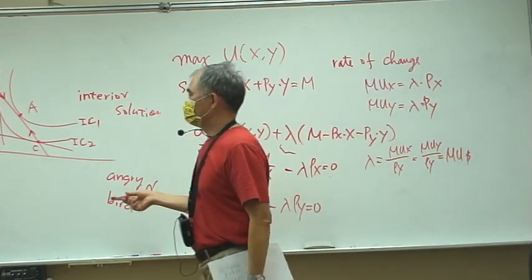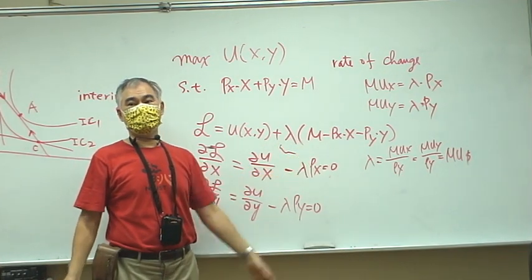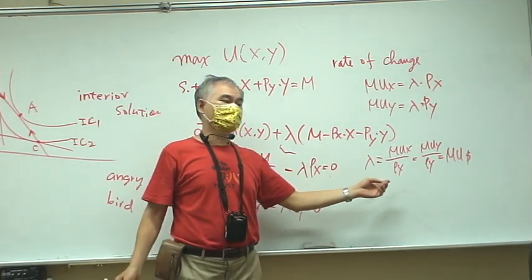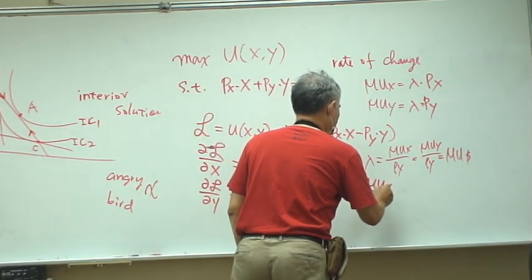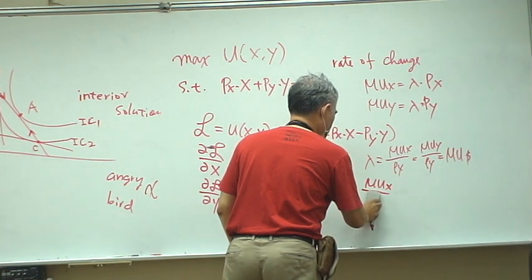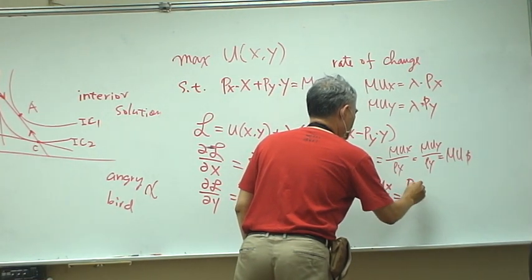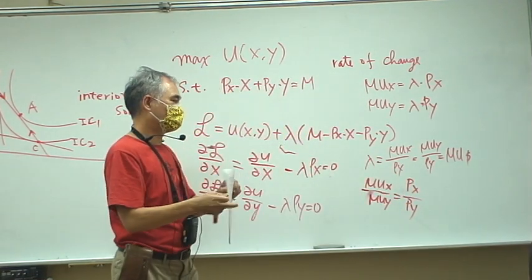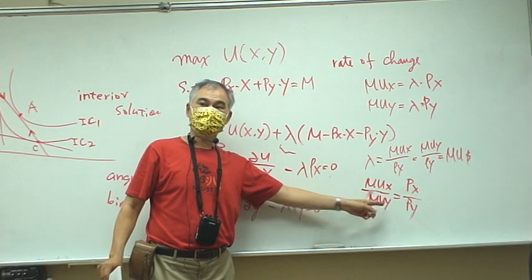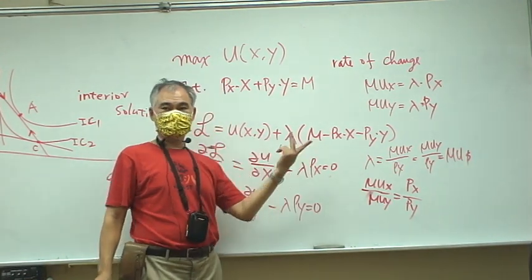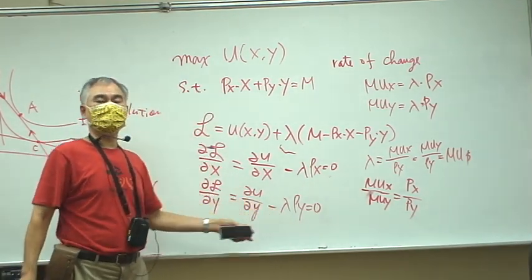So either way, whether we use geometry or calculus, we show the same thing: that in equilibrium, MUX over MUY is equal to Px over Py. This is exactly the slope of the budget line, and this is the slope of the indifference curve. So we have two ways to show that. This is the way to get equilibrium for a consumer.